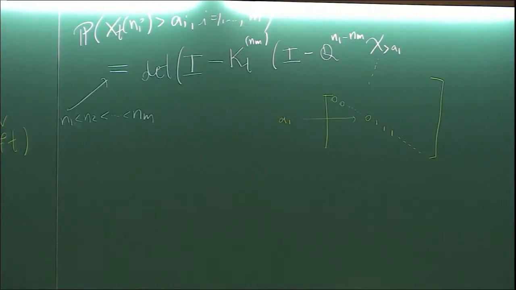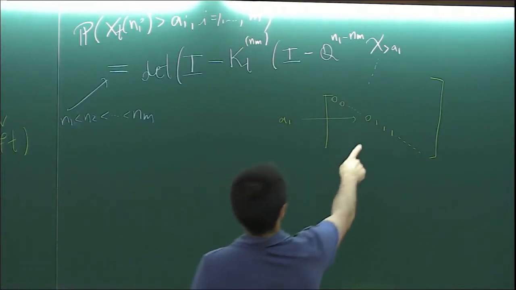It's just the identity where you erase all the zeros below A1, I guess, to the left. This is just a projection operator in L2. It's the operator in little L2 that projects on functions which have support only on this semi-integral.